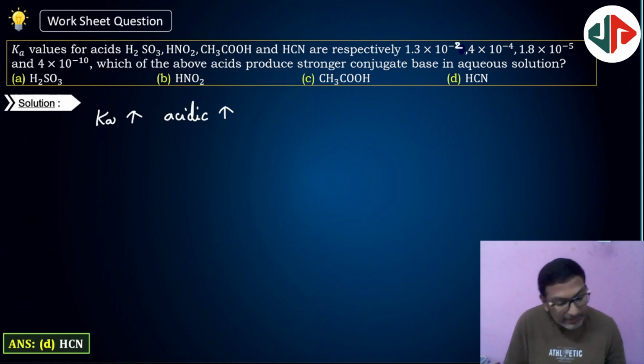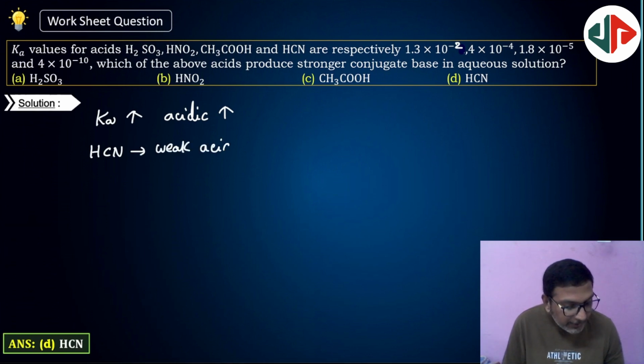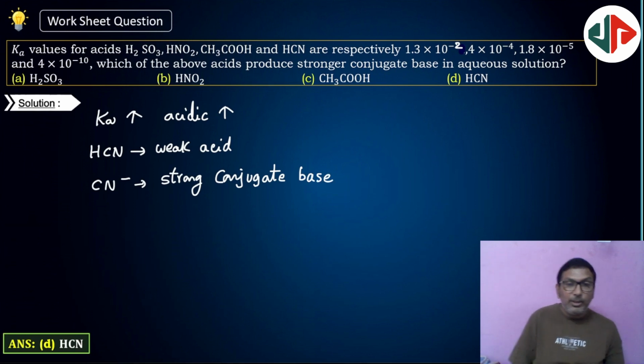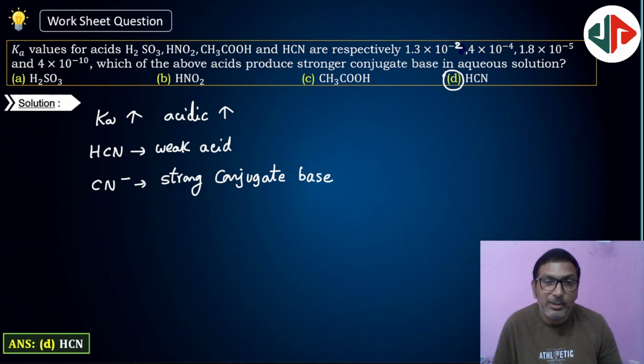Out of the given values, HCN has the smallest Ka value. That means lowest Ka value, weakest acid. HCN is a weak acid. Therefore, CN minus is a strong conjugate base. Very strong conjugate base. Therefore, option D. So a weak acid can produce the strongest conjugate base.